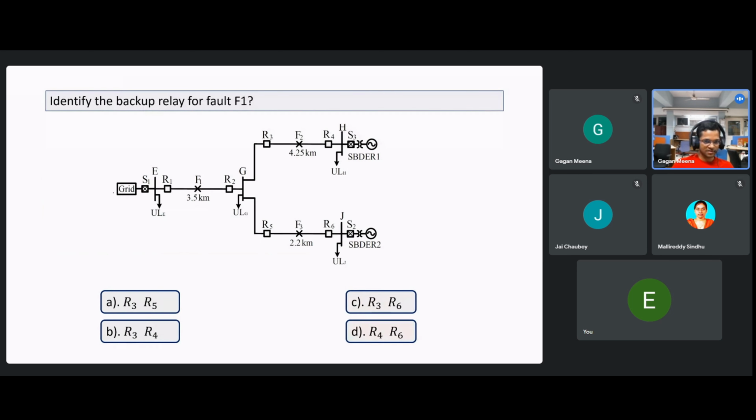Now this is the next question. You have to identify the backup relay for the fault F1. So if there is a fault here, for fault F1, can you tell which ones are the primary relays? This is for the grid connected mode.